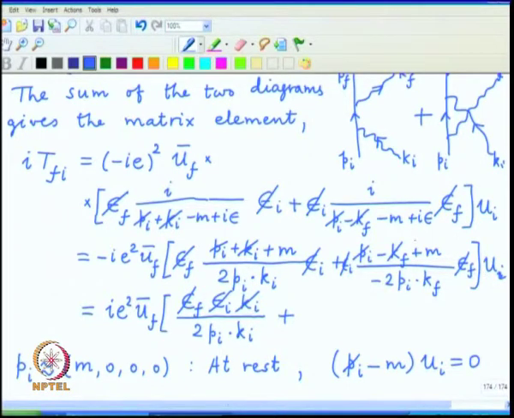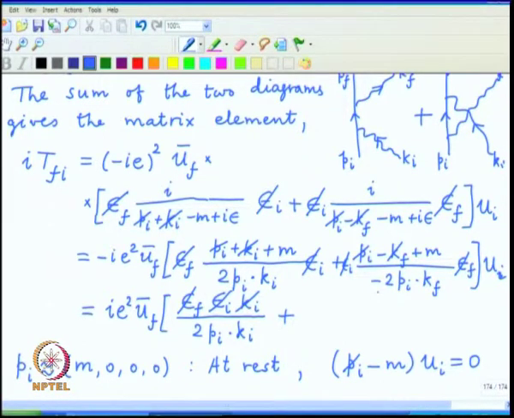So, the term which survives is essentially k f slash, but since k f slash and epsilon f slash can be commuted together with a change in sign, the reason being that k dot epsilon is again 0, we are now getting a plus epsilon f slash k f slash.